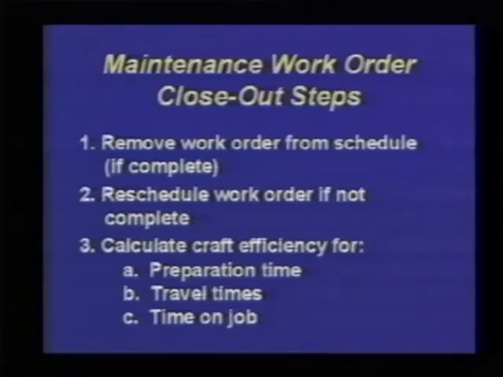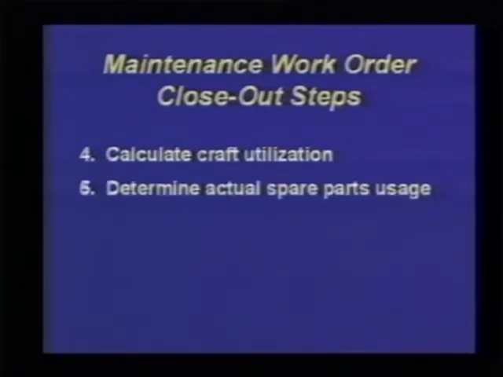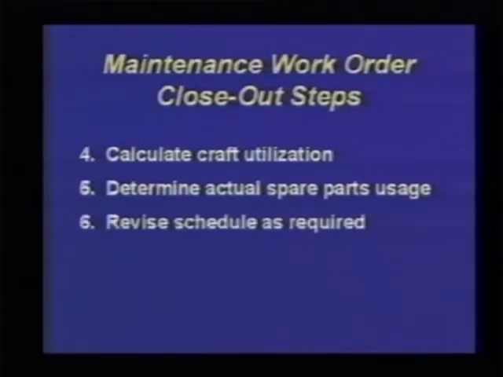And like I mentioned when we were in section number 8, in this section we're going to review the formula which addresses the calculation of craft efficiency, and again how utilization is also developed. And then we get into item 5, which is the actual spare parts usage, and make certain that all the items were used. And here's where we have to rely on the integrity of the craft personnel.